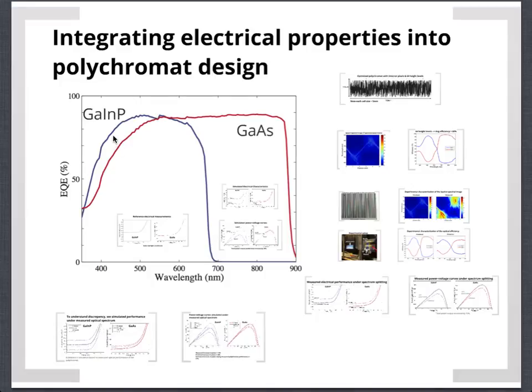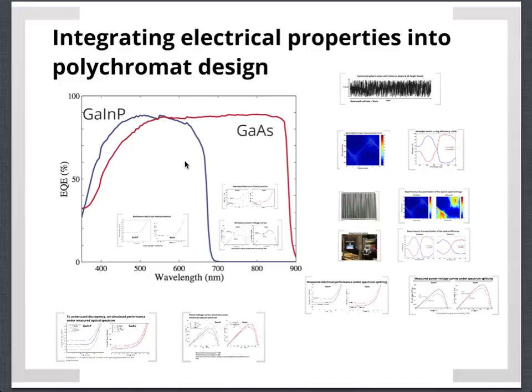As you expect, gallium indium phosphide has a higher band gap, so it cannot generate electron hole pairs from low energy photons at wavelengths beyond 700 nanometers. The gallium arsenide cell can absorb over the whole spectrum, but as I said in the beginning, even if it absorbs the high energy photons, it loses the excess energy.